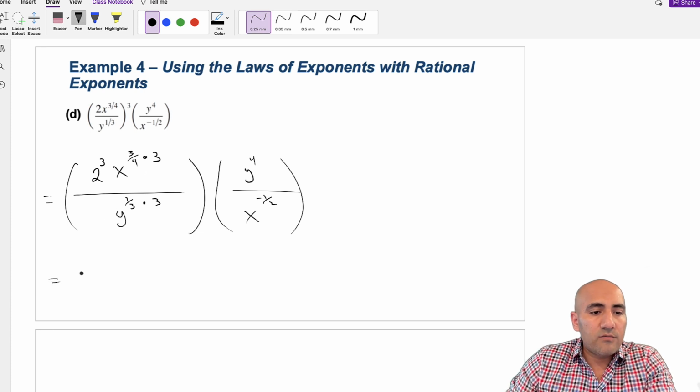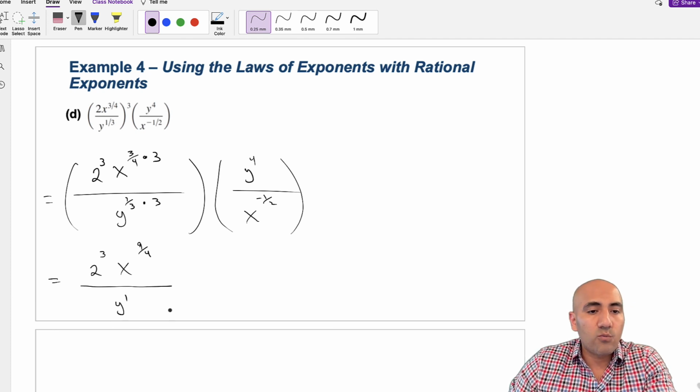So this becomes 2 to the 3rd power x to the 9/4 power divided by y to the 1st power, or just y, since 1/3 times 3 cancel out. And 3/4 times 3 becomes 9/4, times y to the 4th power divided by x to the negative 1/2 power. Good. Okay, so now the 2 to the 3rd power, we don't really do anything with that.